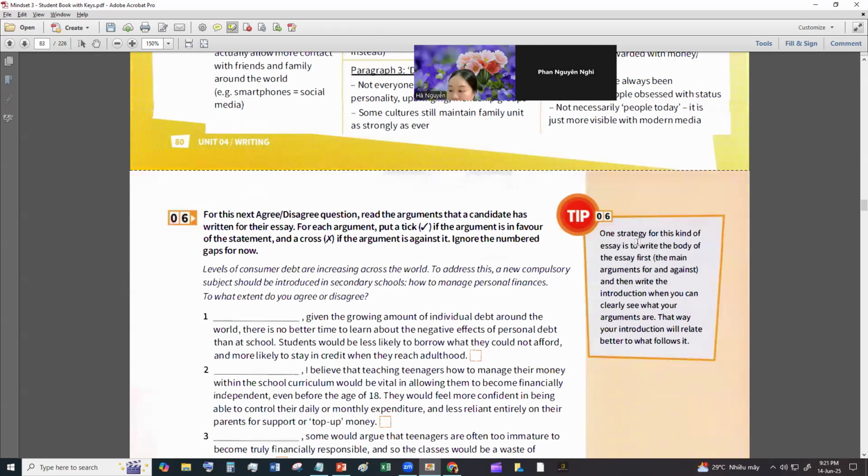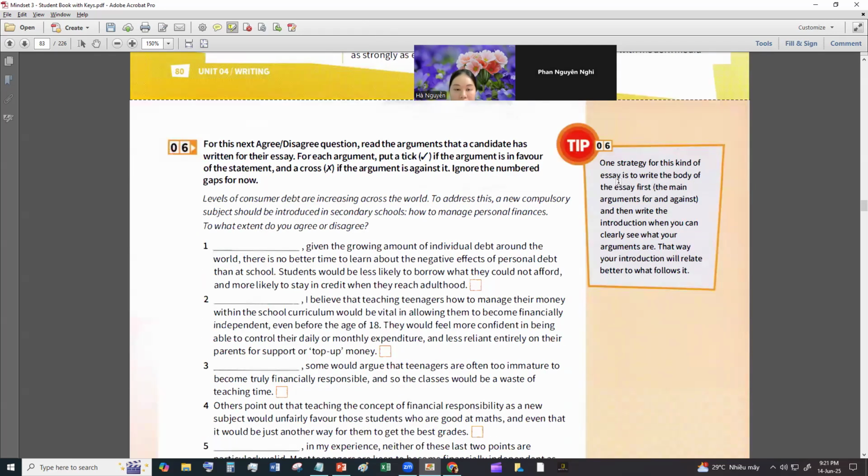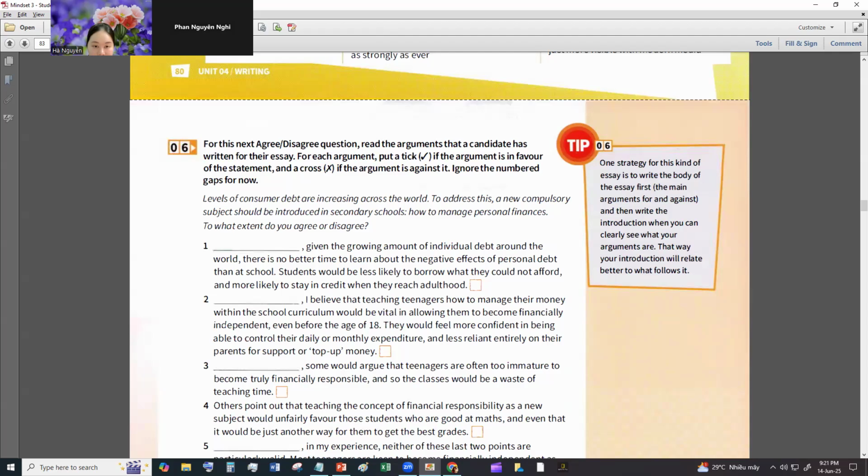Right, thì bây giờ cô xin mời Nghi, con sẽ phân tích một cái bài nhé. For this next agree disagree question, read the arguments that the candidate has written for the essay. Put a tick if the argument is in favor of the statement and put a cross if the argument is against it. Đó, tóm lại Nghi nhé, con sẽ xem cái đề này và tick các chỗ agree và cross các chỗ disagree.